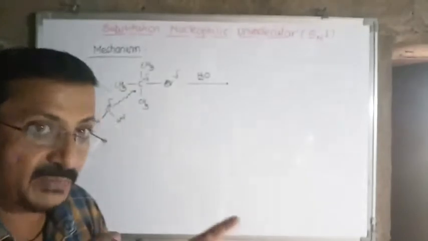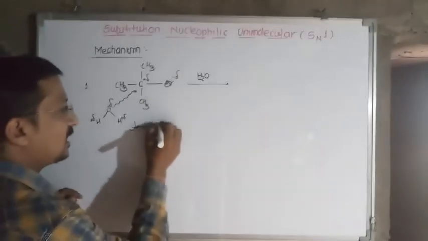It does not approach, because if you consider the carbon, over that carbon 4 valencies are satisfied by means of 4 bulky groups. Okay, bulky heavy groups are there, 3 methyl groups and 1 bromine group, and that's why we can say that the partially positively charged carbon is sterically hindered.